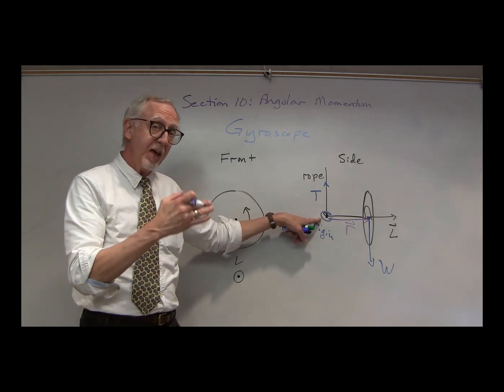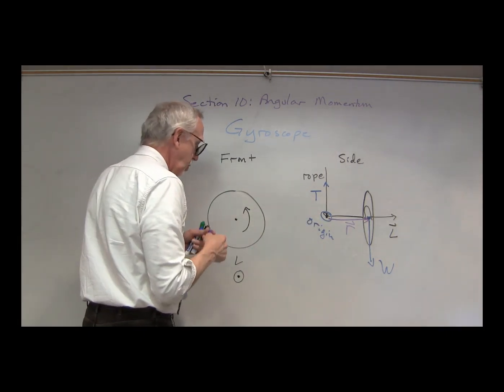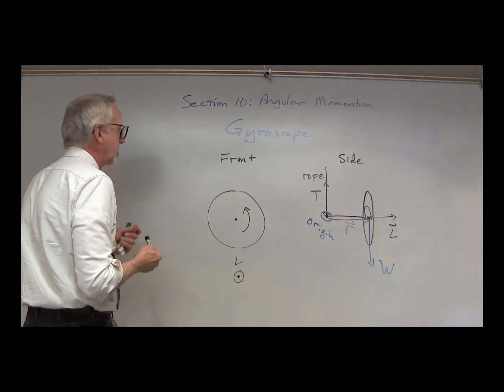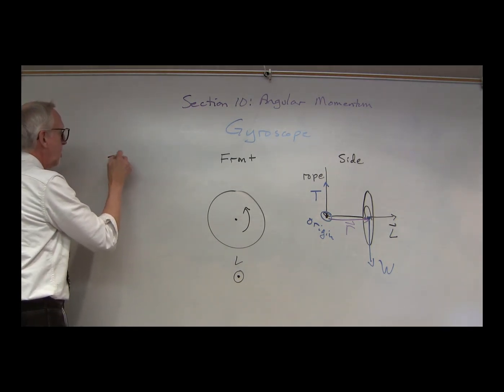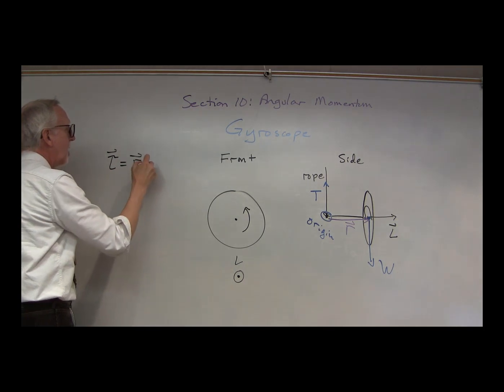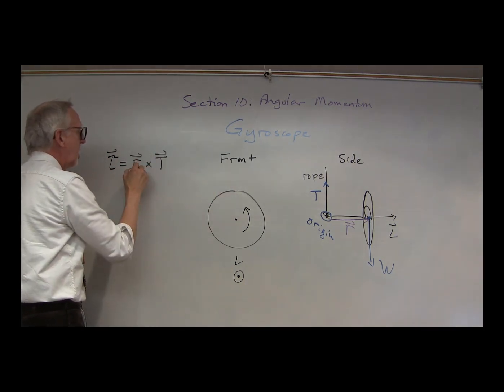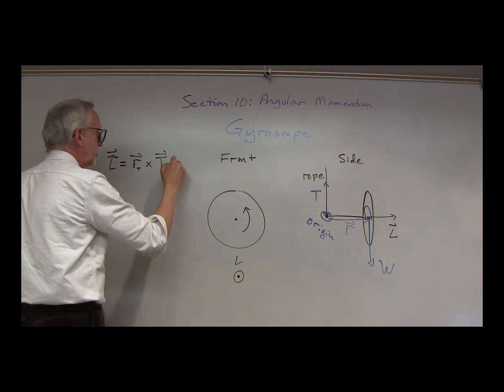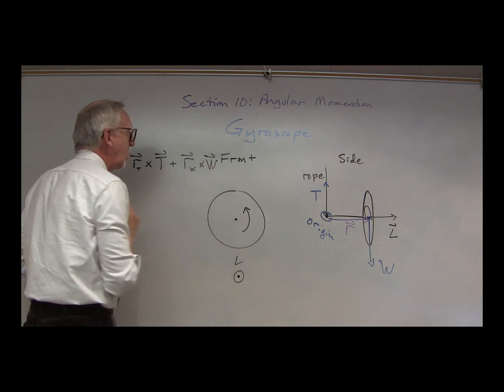The tension has a position vector, R, 0. So what is the total torque? What total torque do we have? The total torque will be equal to R for the tension crossed into the tension, plus R for the weight crossed into the weight.